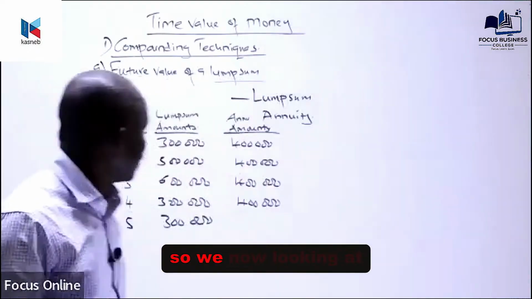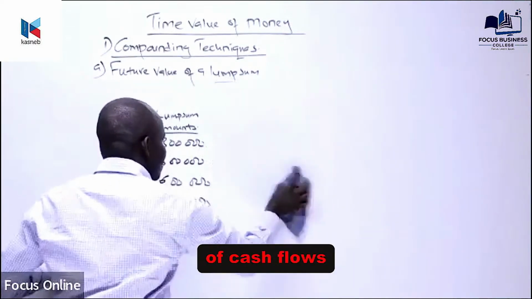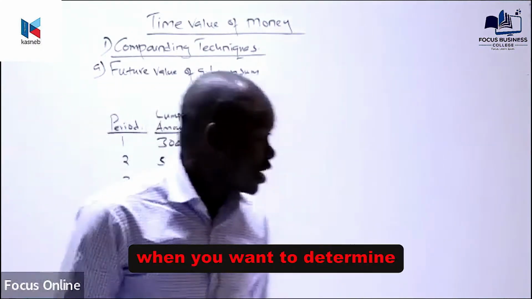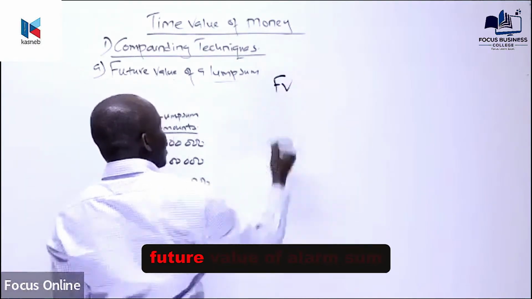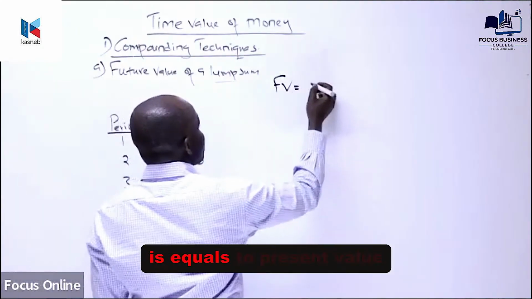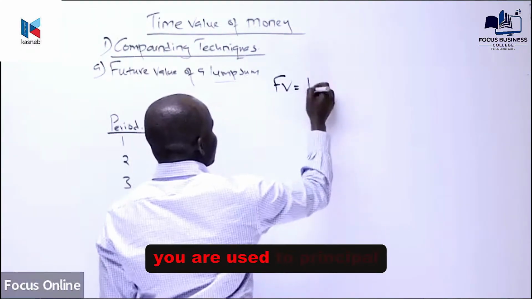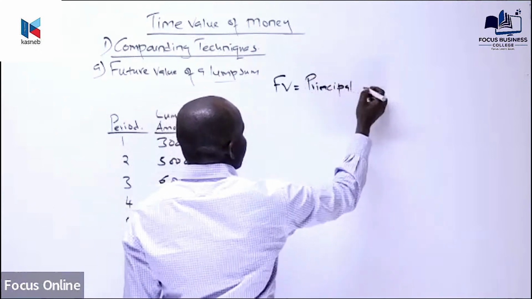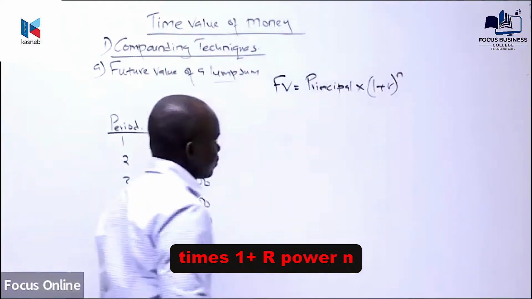So we are now looking at the future value of a lump sum, the future value of this kind of cash flows. When you want to determine the future value of a lump sum, FV, the future value of a lump sum is equal to present value, or let's say principal, what you are used to, principal times 1 plus r power n.